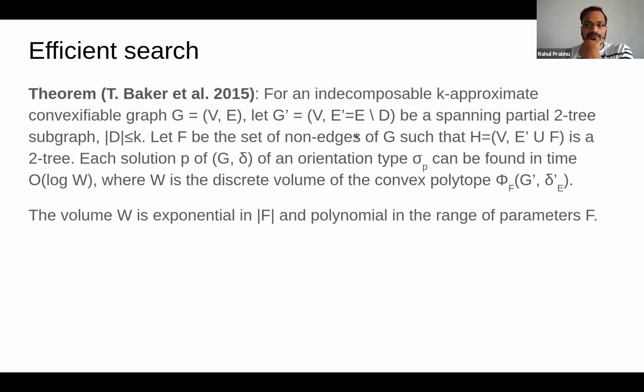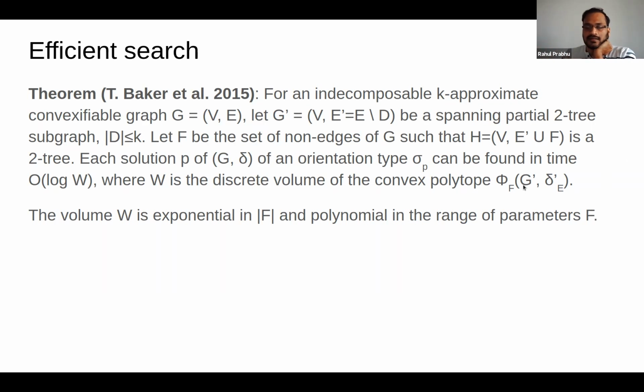So this theorem is saying that. If you're given an indecomposable k approximate convexifiable graph, that is, from the graph G I can remove at most k edges and make it a partial 2-tree, and let F be the set of non-edges of G that I add to make it a 2-tree, so H is the 2-tree now, then each solution of the original graph for an orientation type can be found in order log W, where W is the discrete volume of this configuration space.